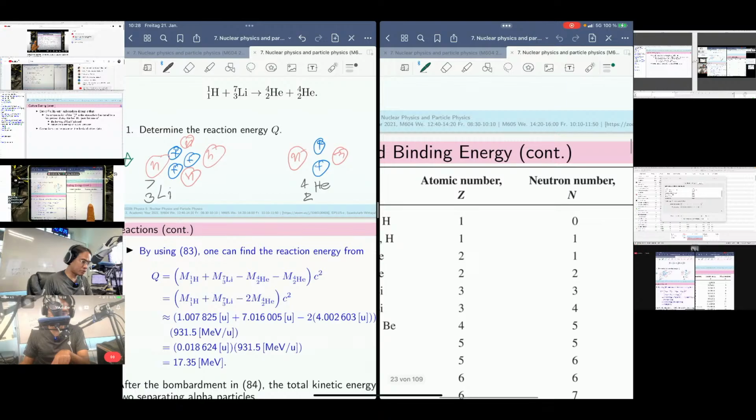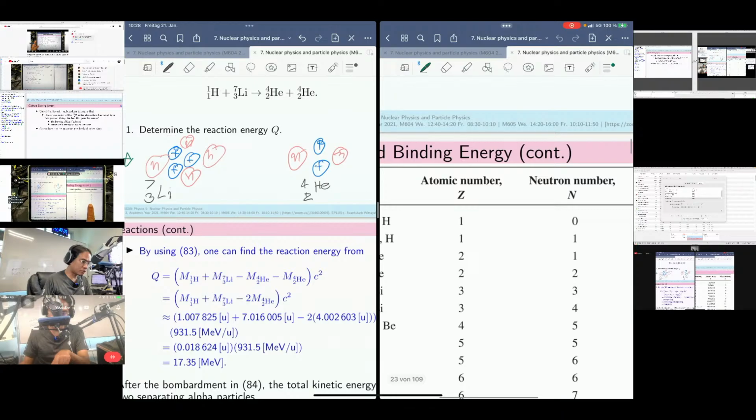And here's the mass of lithium 7 3. Where is lithium 7? Lithium 7 means this one. This is lithium 6 3. Lithium 7 3 is this one, and we're going to take 7.016005. And next one is the mass of helium 4 2, which is the alpha particle.